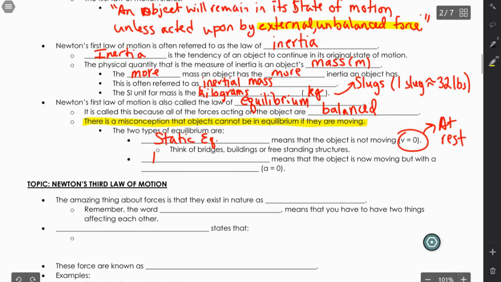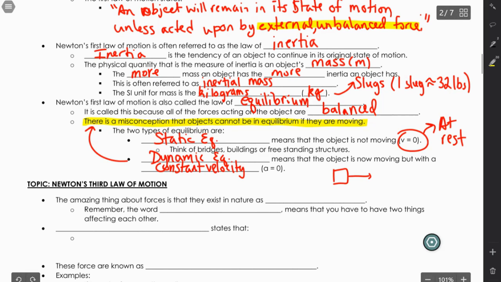The second type of equilibrium is what we call dynamic equilibrium, and this is the one that destroys this misconception. Dynamic equilibrium means that the object is now moving, but with a constant velocity. What that means is all the forces acting on it are balanced. Let's say I'm pulling an object.